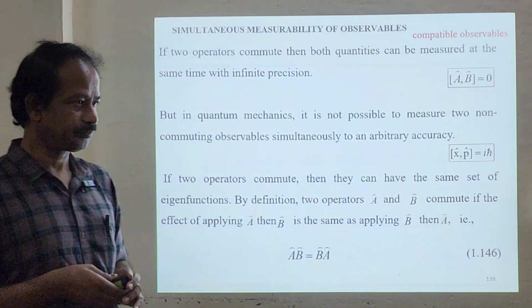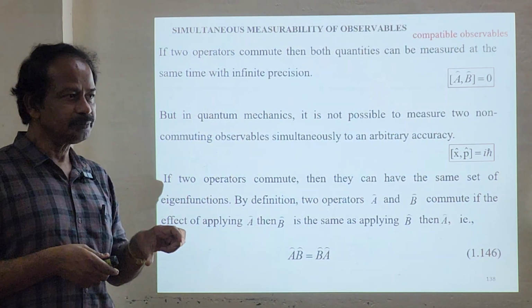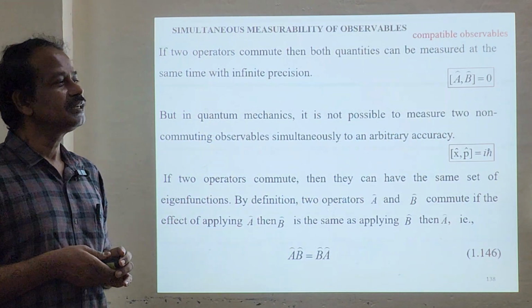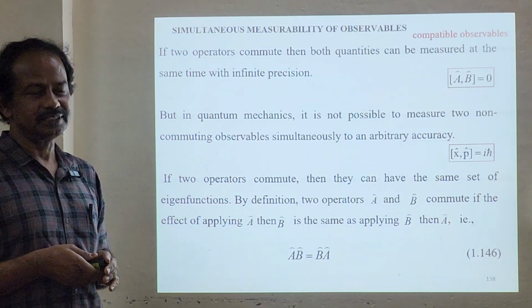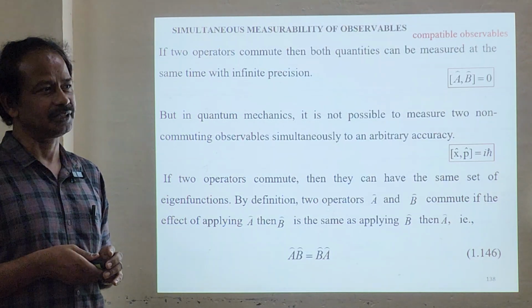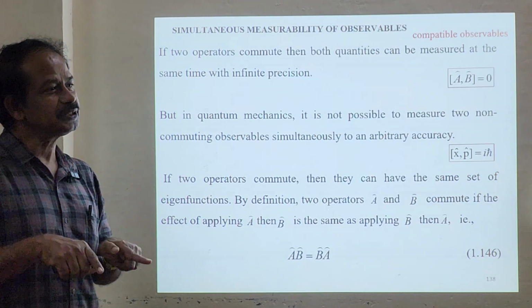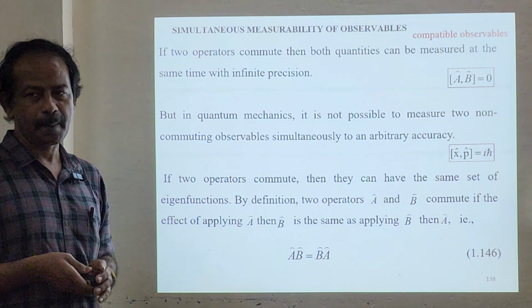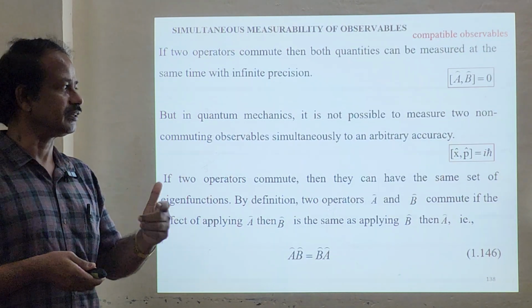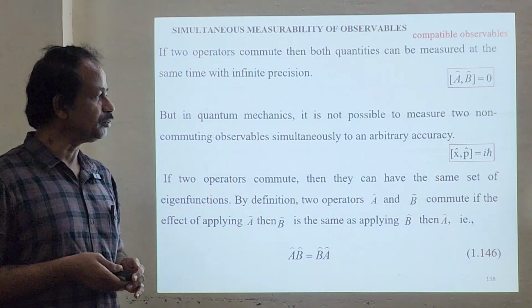These x and p are dynamical variables, called canonically conjugate variables in classical physics.